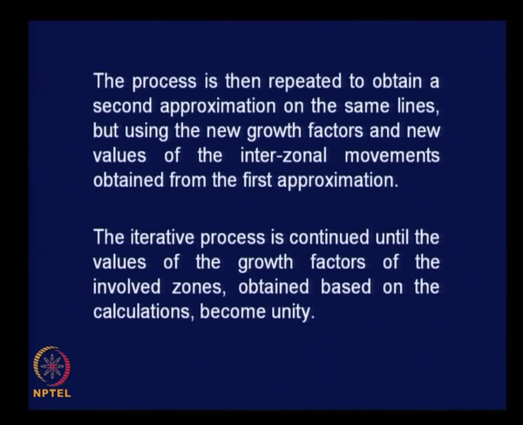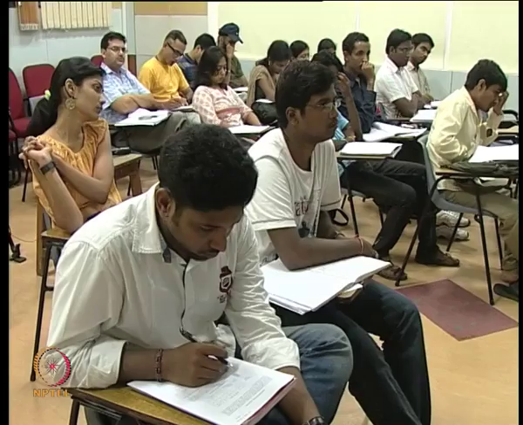Once it becomes unity, your calculated and projected values are the same, that is what you want. After distribution, the row totals and column totals of the cell values should match your predicted trip origin totals and trip destination totals. That will be satisfied once you get the growth factor value to be unity.